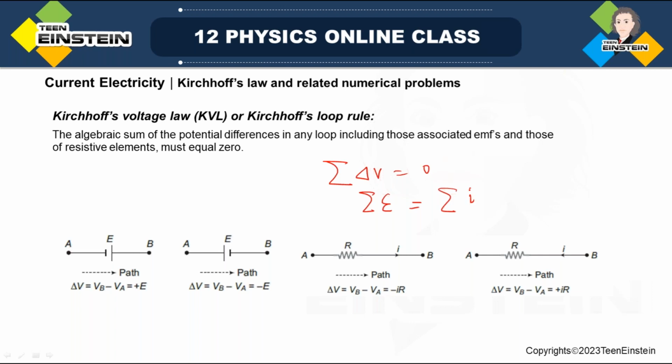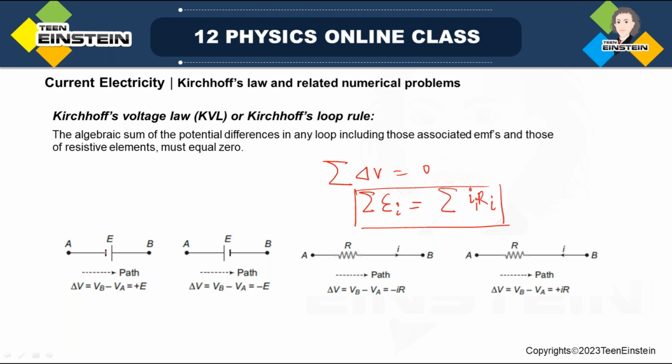Across each resistance, that will be, suppose, EiRi, and this is the summation of this. So this will be another form of KVL. We had discussed that day there are a few rules, like direction rules.